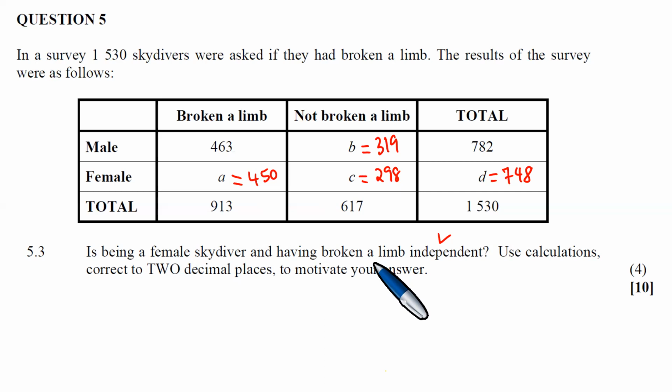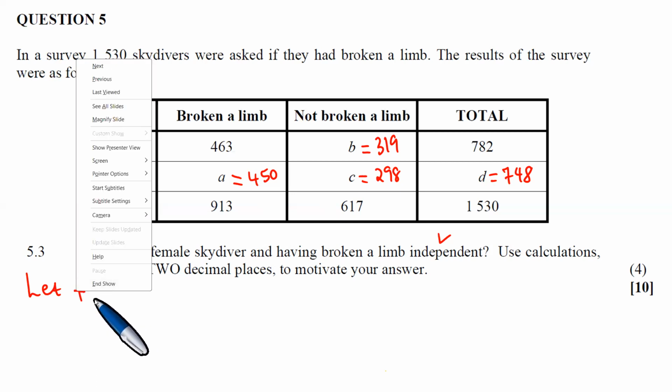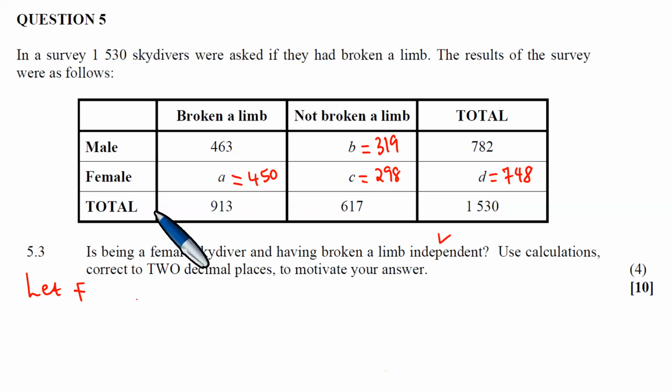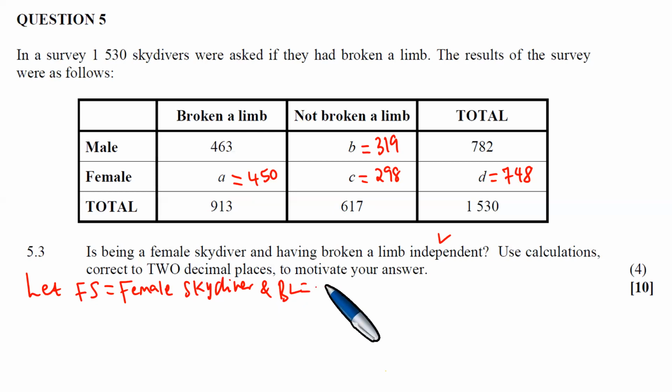Right, so if we let Fs become the following, we let Fs actually mean female skydiver, right? Then we have broken a limb.